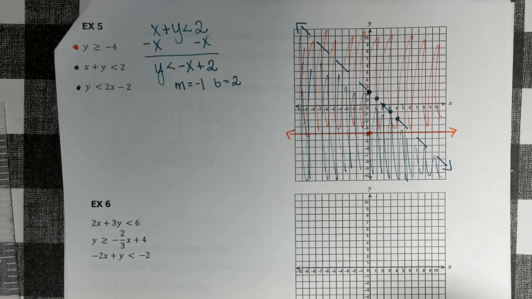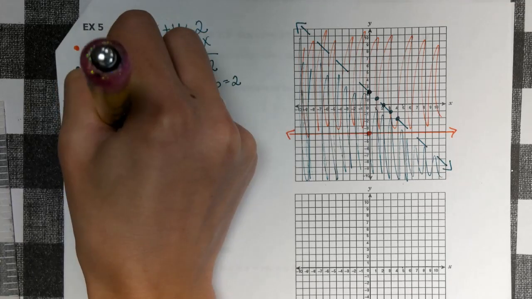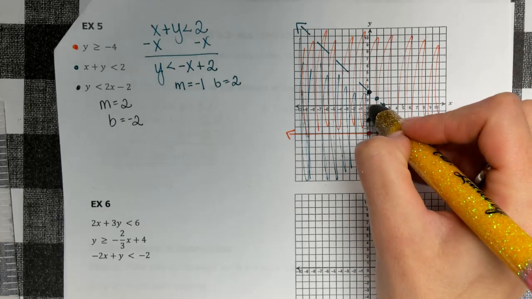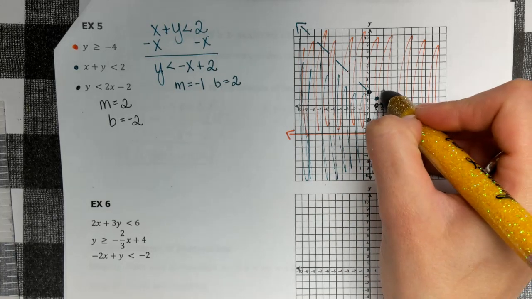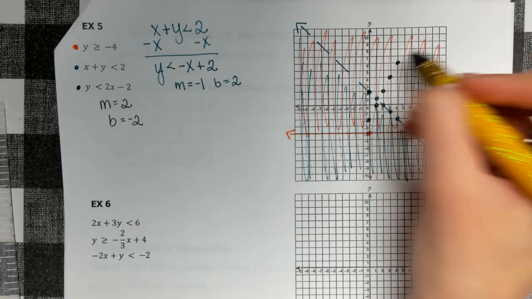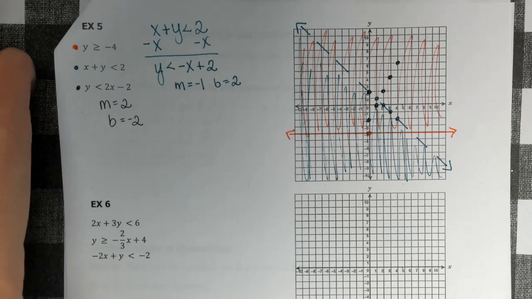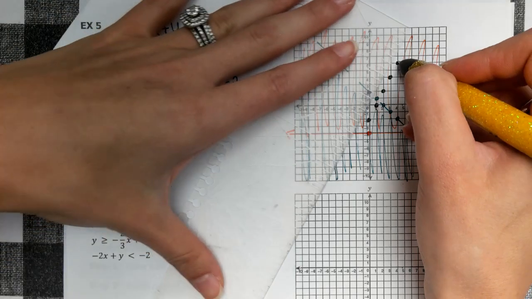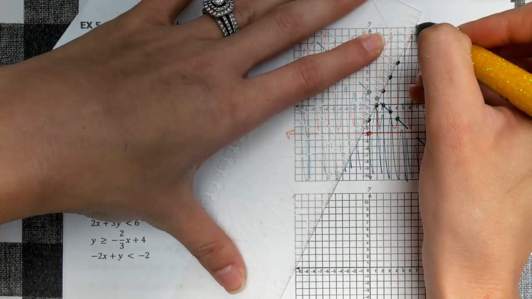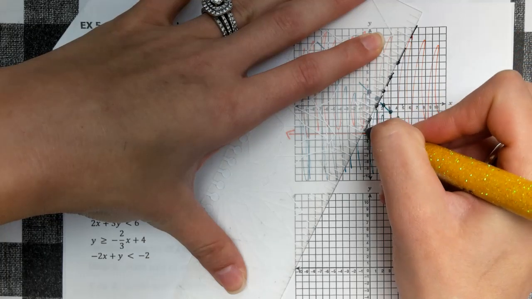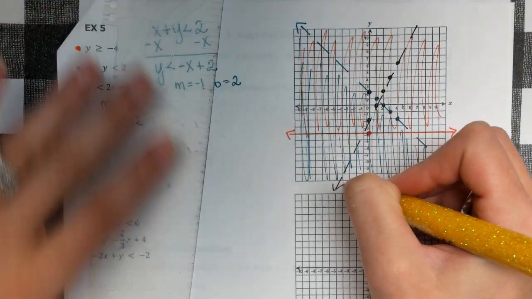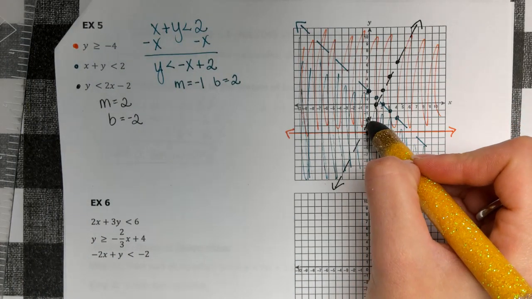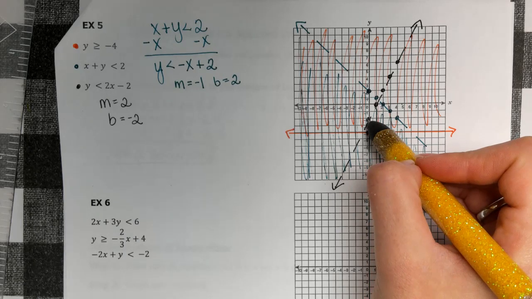And then my third one, my slope is 2. My y-intercept is -2. Up 2 to the right 1. Dash or solid? Dash. Go back to your y-intercept. Am I shading above or below?